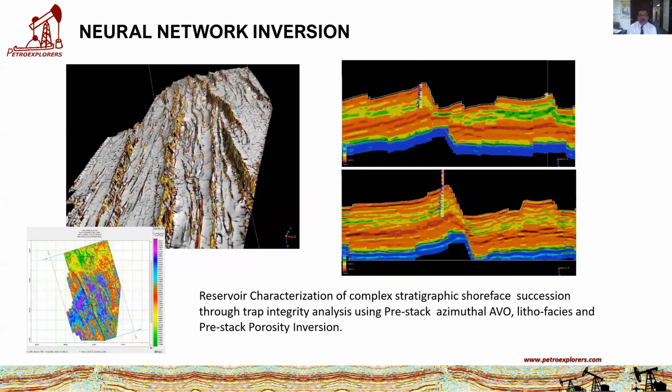So this was one very good example from South Asia. It is very difficult to predict the porosities there, and the inversion was actually quite noisier.